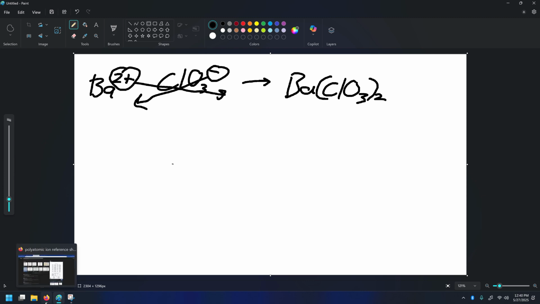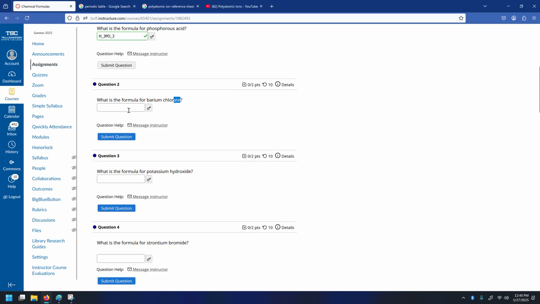Now we're going to take a look back at our homework assignment, and I'm going to type this in. So Ba, remember it's got to be a capital B, little a, and there's just one of those, so I don't include a subscript. I open a parentheses for the chlorate.